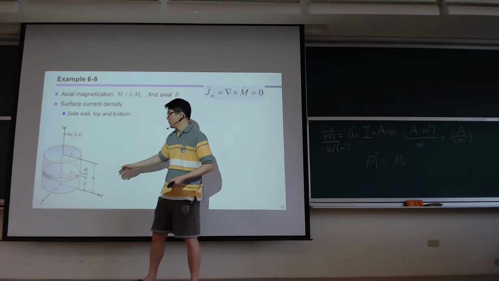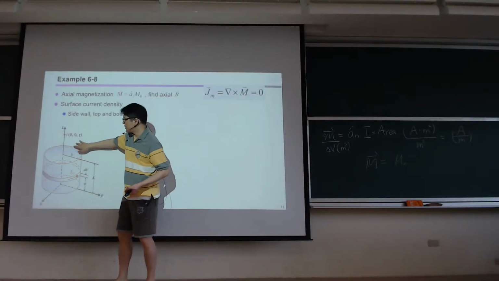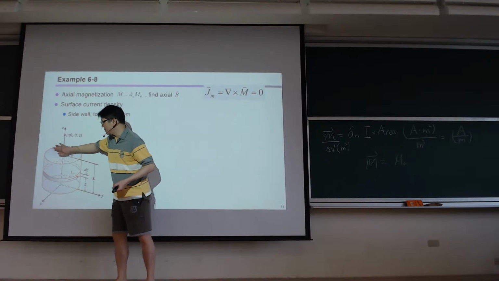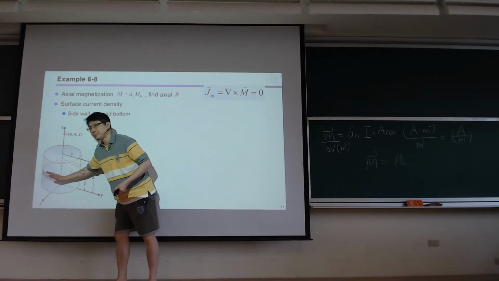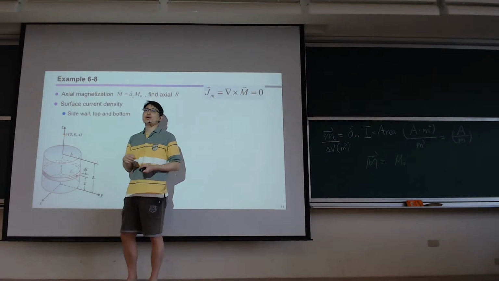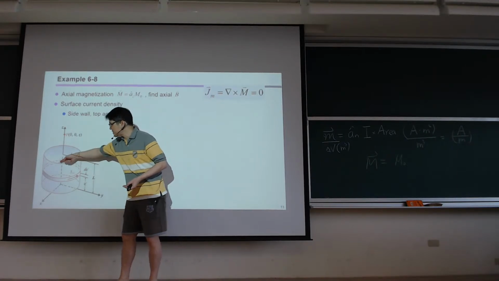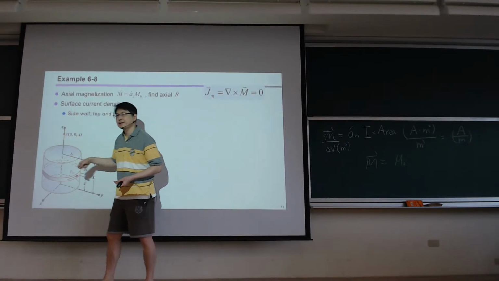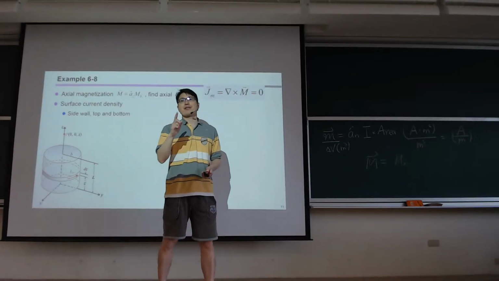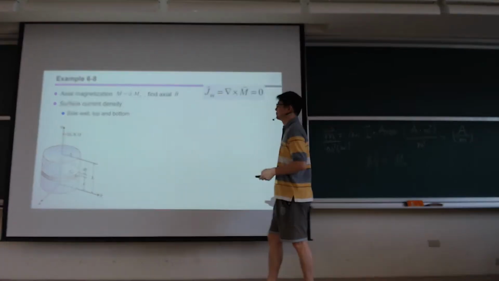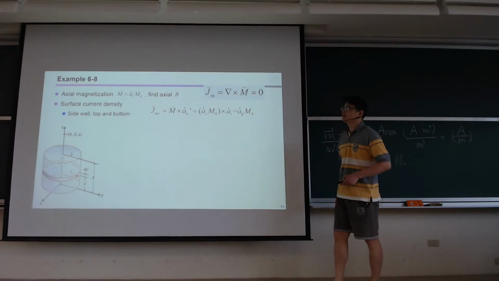For the cylinder, you have the top lid, so that is surface number 1. You have the bottom lid, the bottom surface. And then you have the third surface, that's the circumference, right? Now think about it.